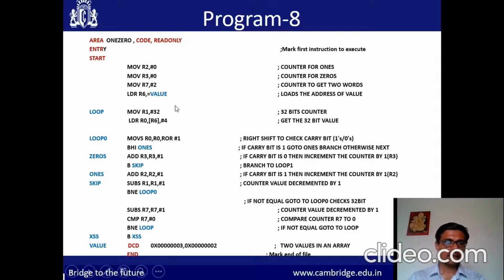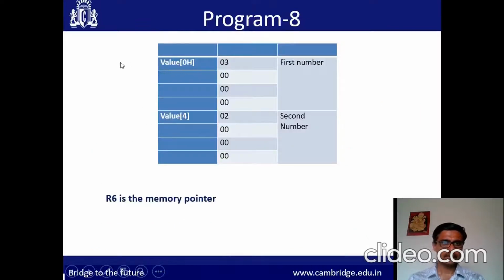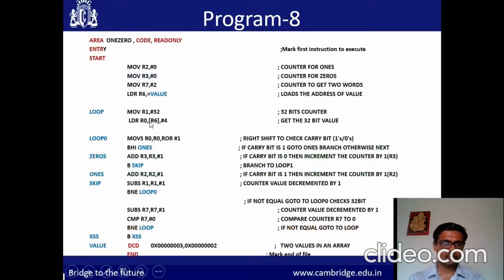Now, as I explained in the earlier program, LDR loads register R0 with the content of the memory location where R6 is pointing. R6 is pointing here, and its content, the first input number, is copied into R0.